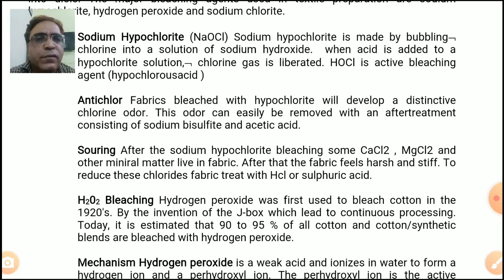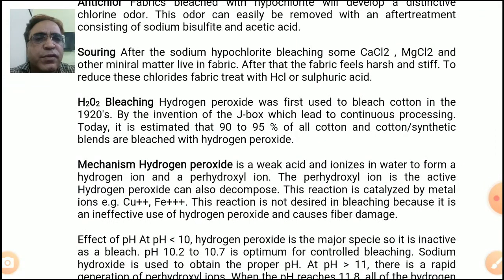Similarly, we can also use hydrogen peroxide bleaching. Hydrogen peroxide bleaching was specifically used after the J boxes were used for continuous processing, because it is a safer method. In this case, perhydroxyl ions are formed at a particular pH value, when this hydrogen peroxide, which is a weak acid, ionizes in water.